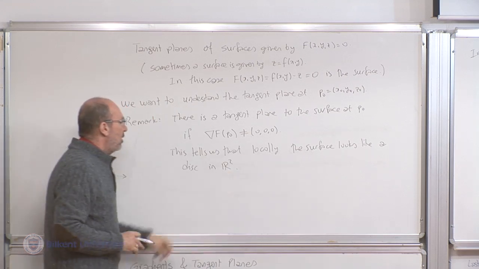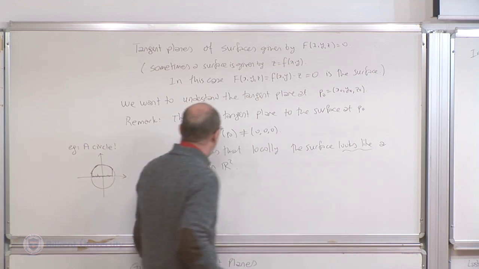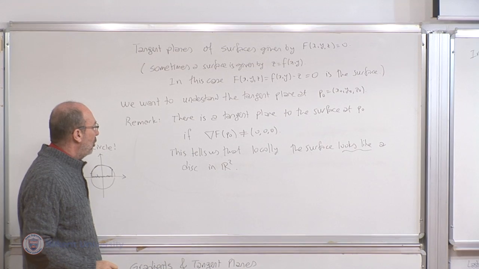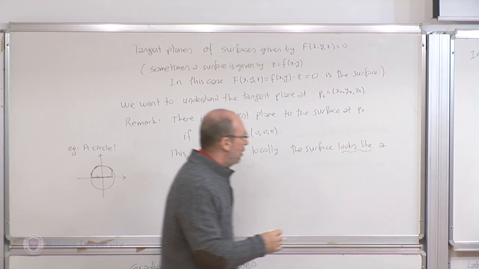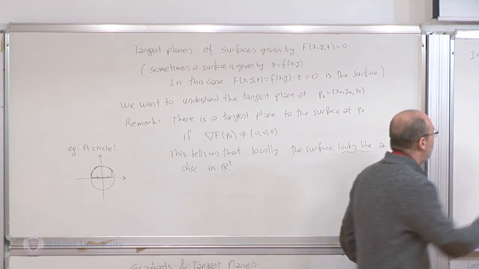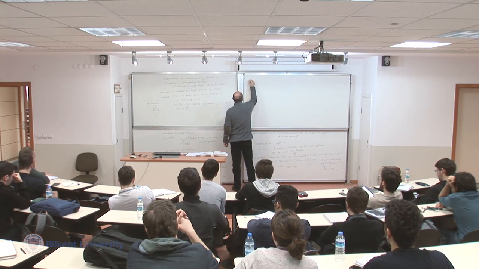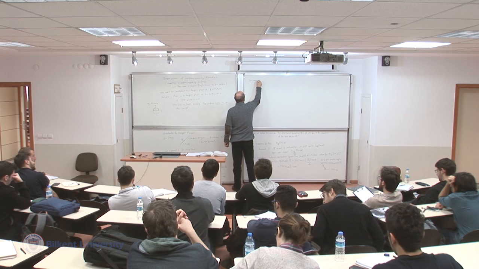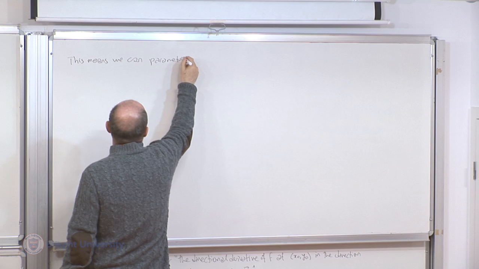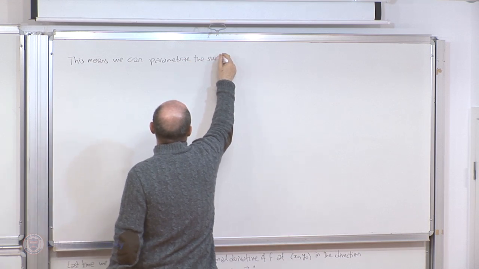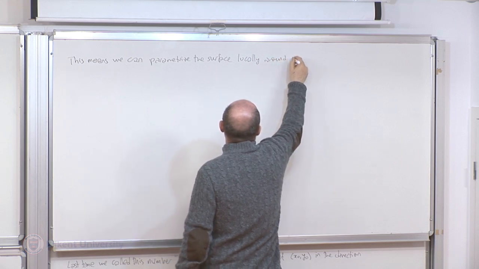So what does it mean then? Since it looks like an open disk, a disk in R2 in this case, it means that I can parameterize this surface by a disk. Let me mention this: we can parameterize the surface locally around p sub 0.